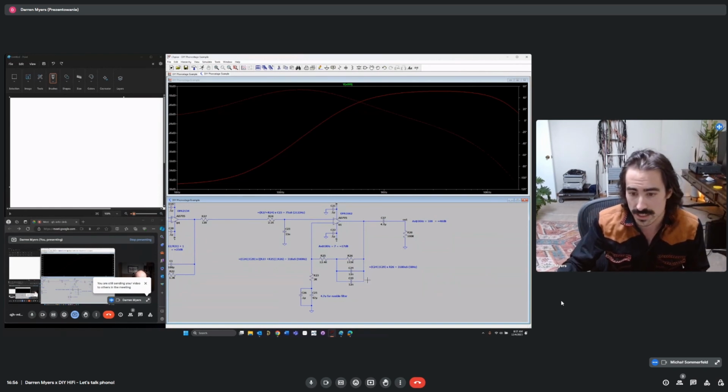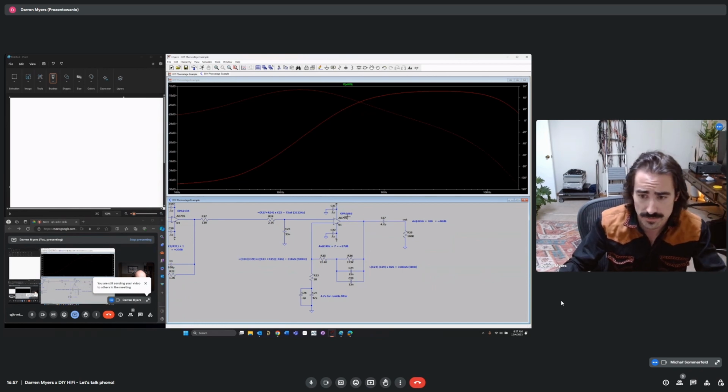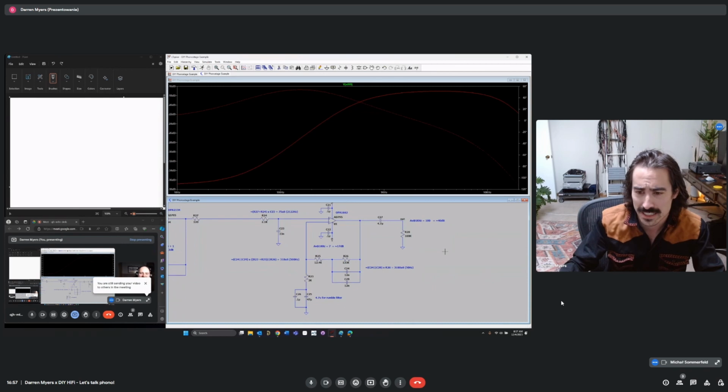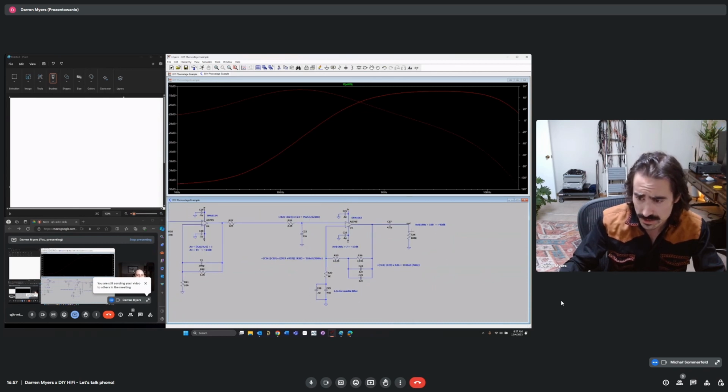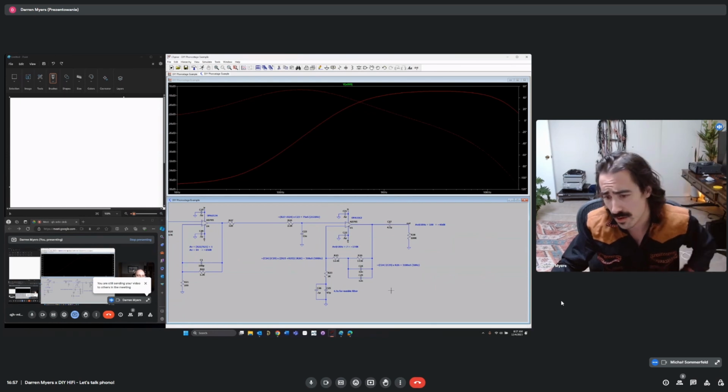So these values are a good rule of thumb to go by if you're using 1662 or 4562. Lots of 62s. So now we've applied that.